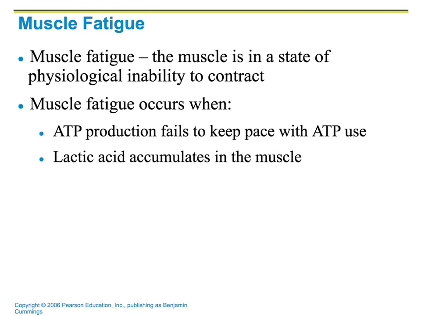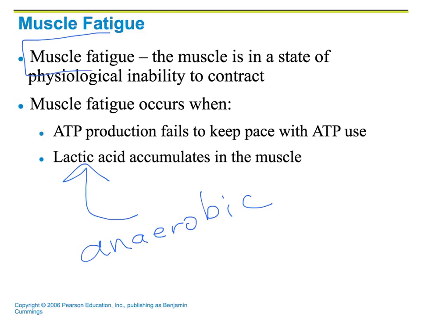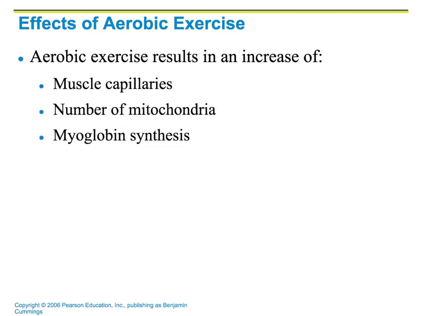The problem with anaerobic respiration, although it gives you energy much more quickly, is that it also builds up an unwanted waste product, which is lactic acid, which leads to muscle fatigue and muscle cramping. Aerobic exercise does not build up lactic acid, but requires, remember, oxygen delivery to your muscles.